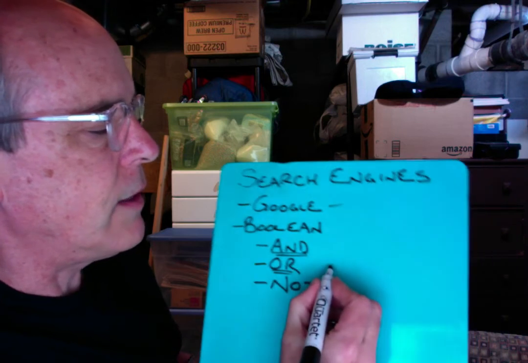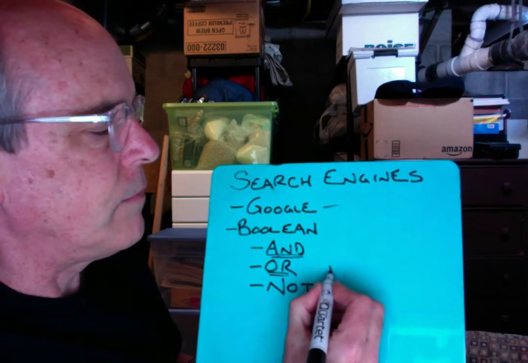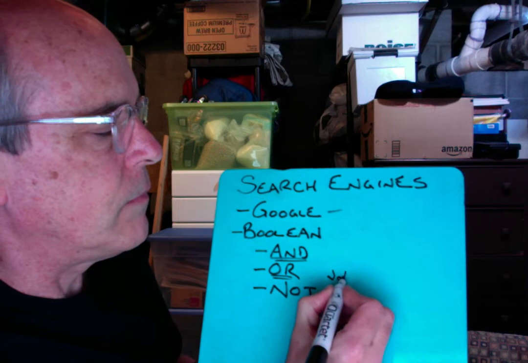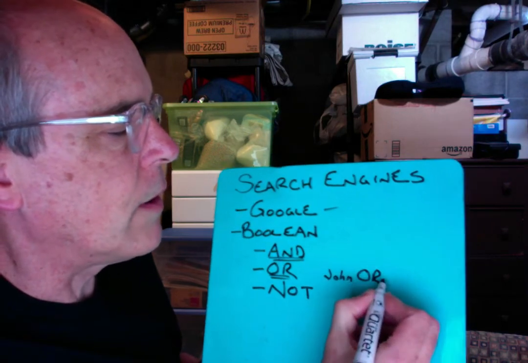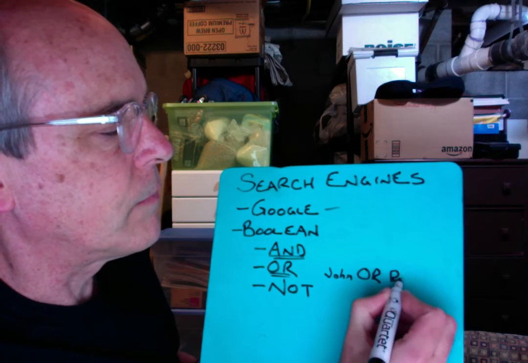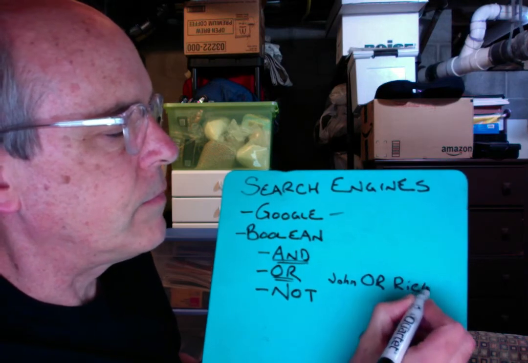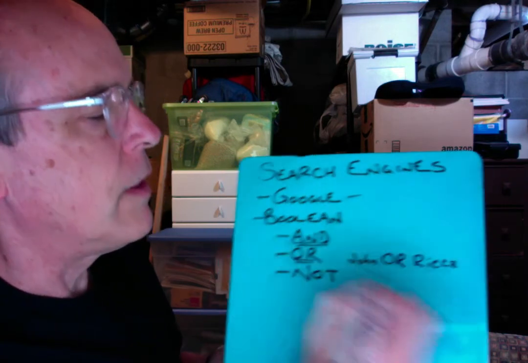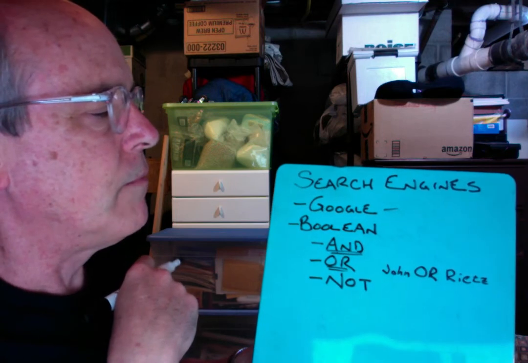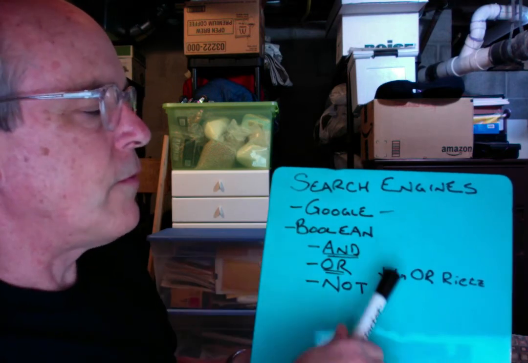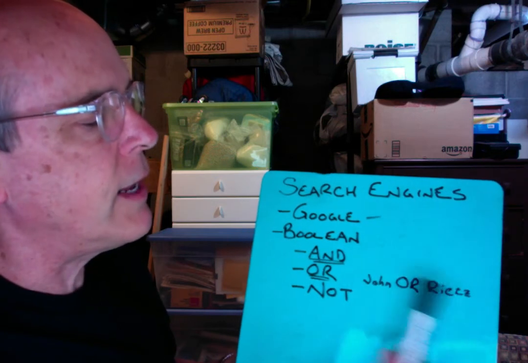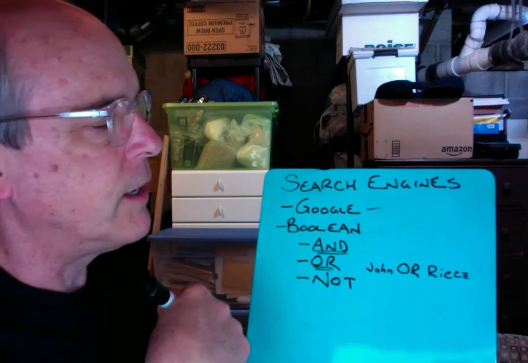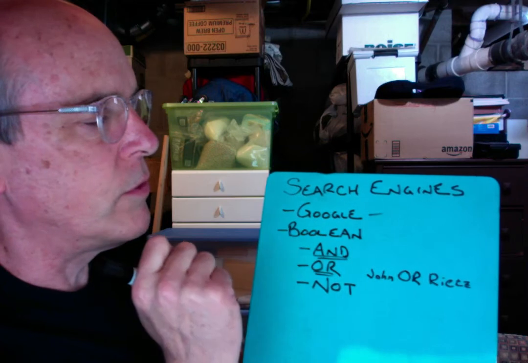If you use OR, and again, these terms are capitalized when you use them, so you'd say John OR Reitz, then Google would find all the websites it could that have the word Reitz in it and the word John in it, right? Either one of those, it would bring it up.